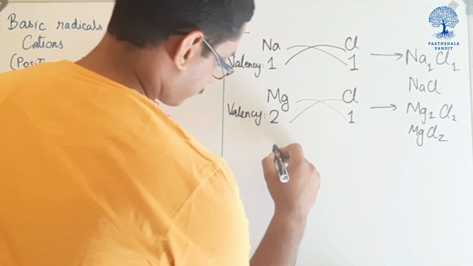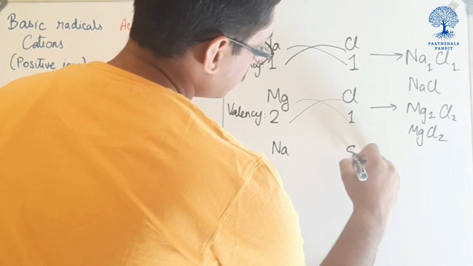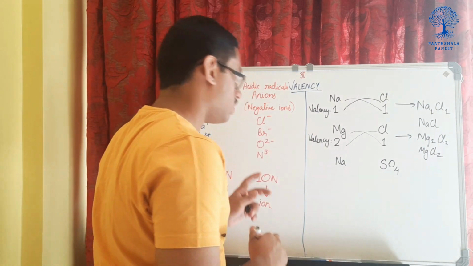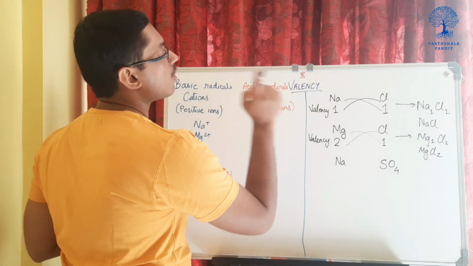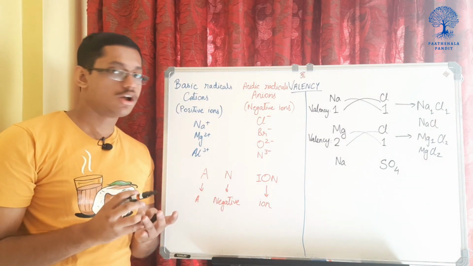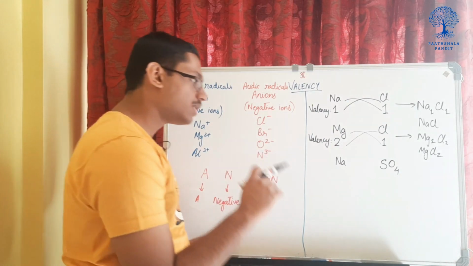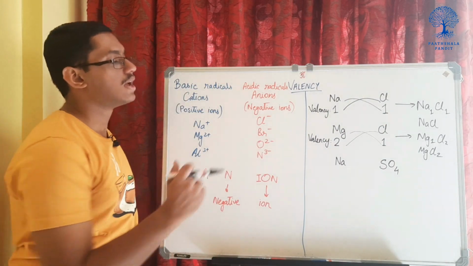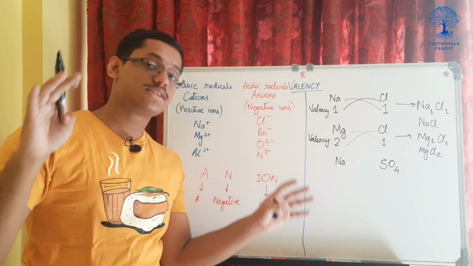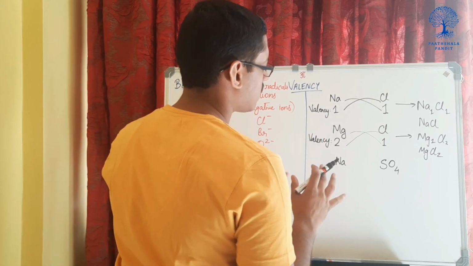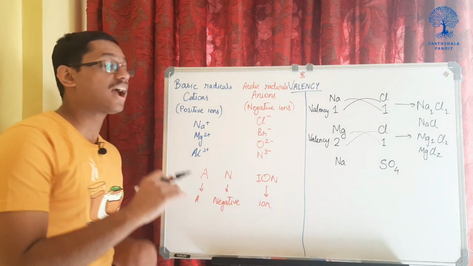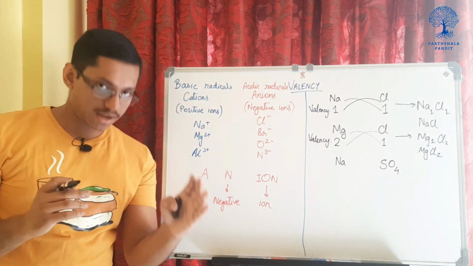Another example, sodium and sulfate. Now see, it is not at all necessary that only one element will be a radical or a cation. Sometimes due to some special conditions, like sulfur and 4 oxygen atoms together, they form or act like an ion.